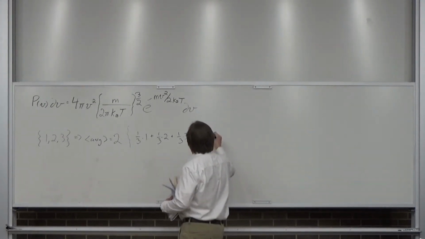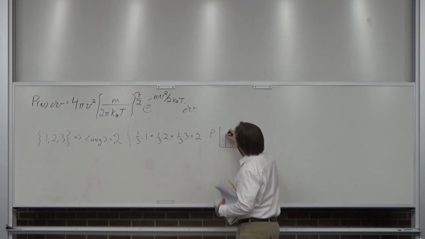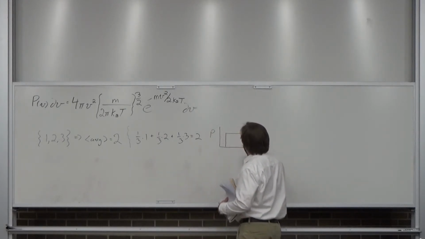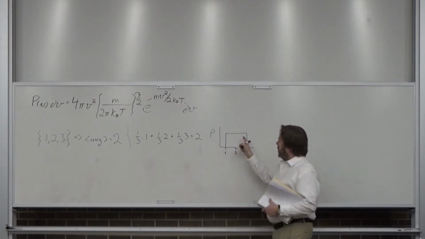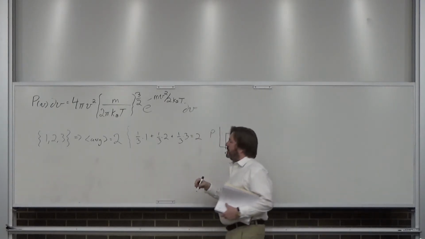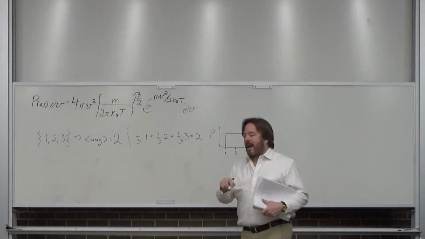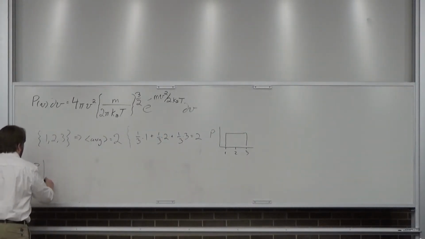Now, what that implies is that you have a probability distribution that looks like this. It's a top hat. Very common. It applies to dice. 1, 2, 3. So you had a 1/3 chance of observing a 1, 2, or 3, and then this is the mathematical definition of a probability.